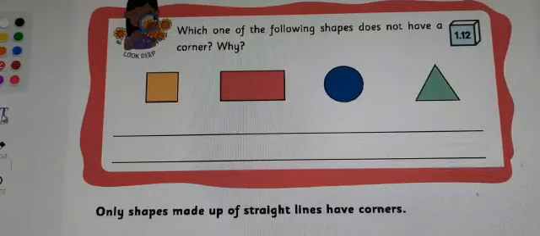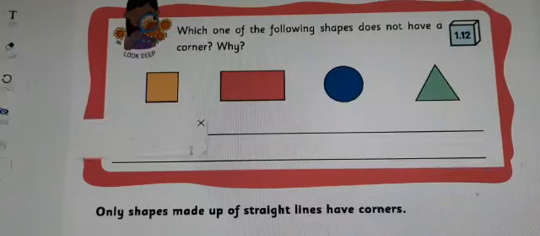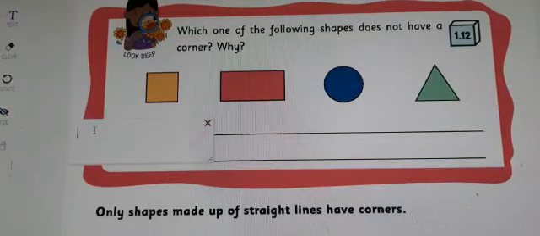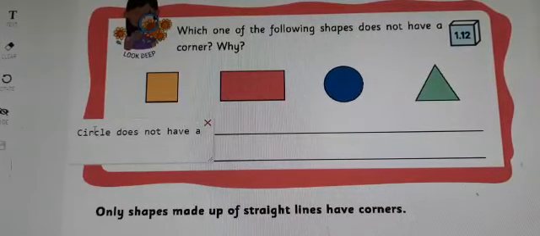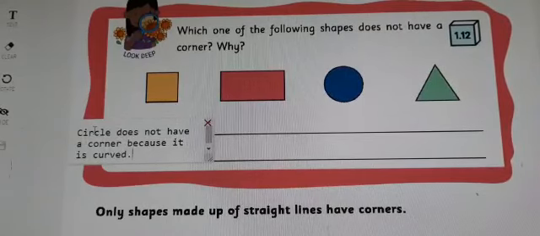Now I will create a text box to type: circle does not have a corner because it is curved. Am I correct? Circle does not have a corner because it is curved. You please write this sentence on this line. Okay.